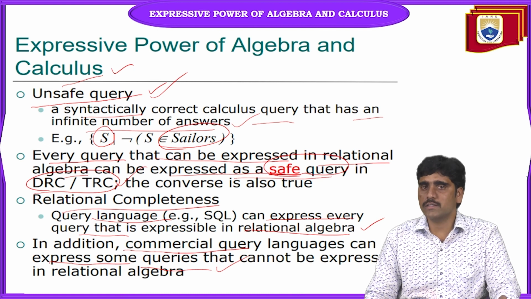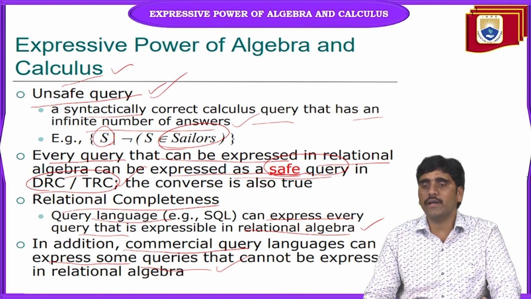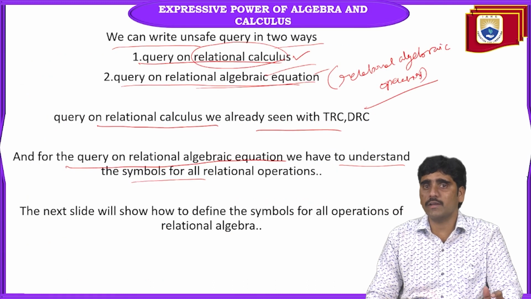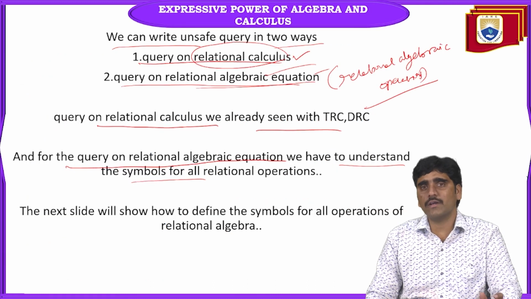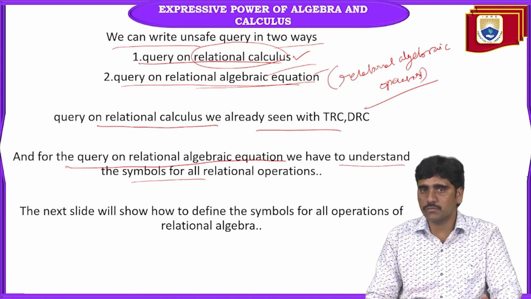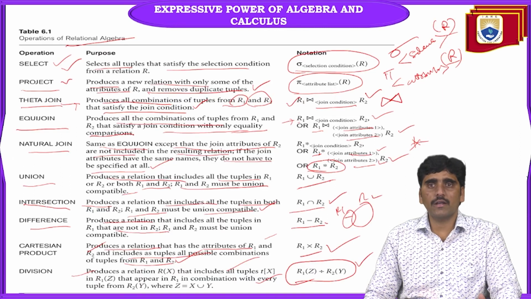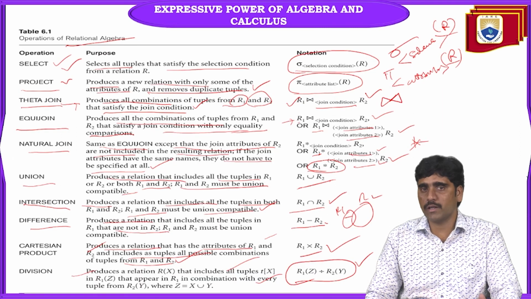We write unsafe queries to get a finite number of solutions. We can represent them with different types of relational algebra queries as well as relational calculus queries. We already saw how to write and execute relational calculus queries, and similarly we have to write relational algebraic queries.